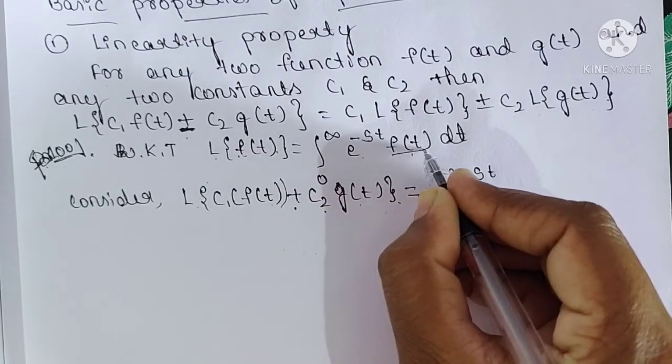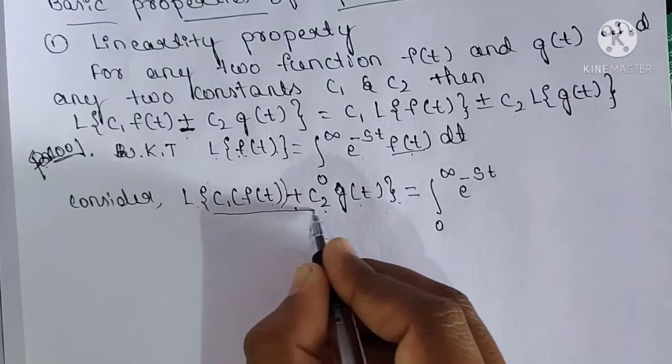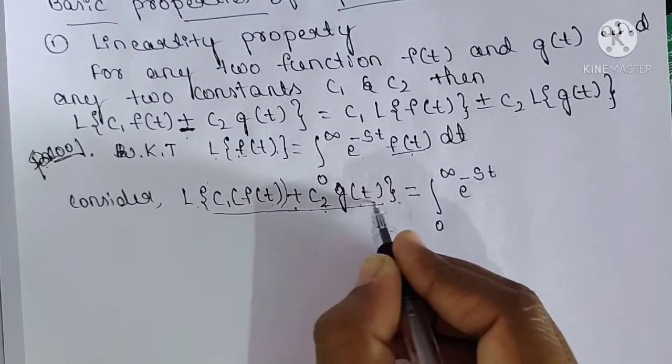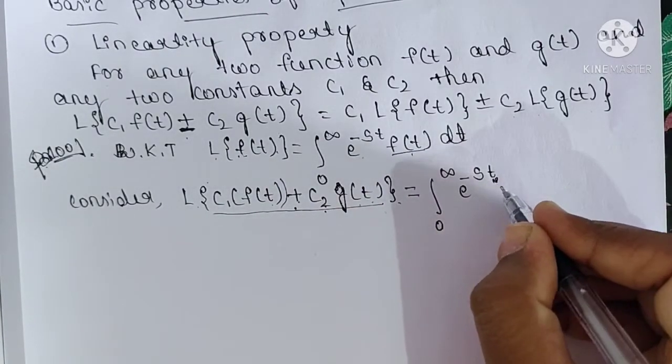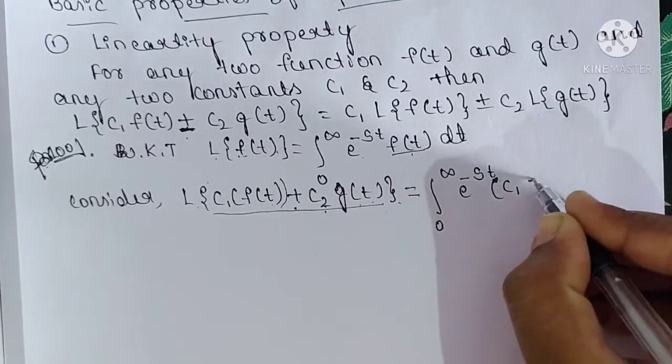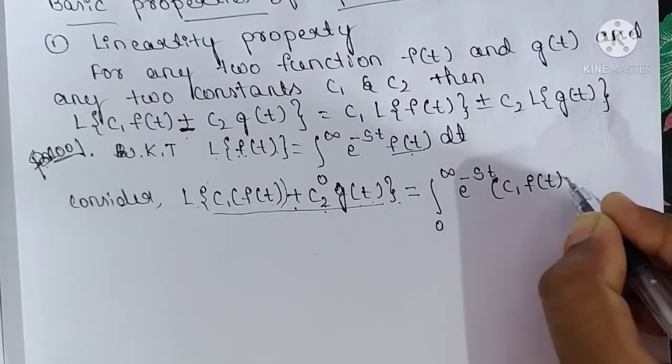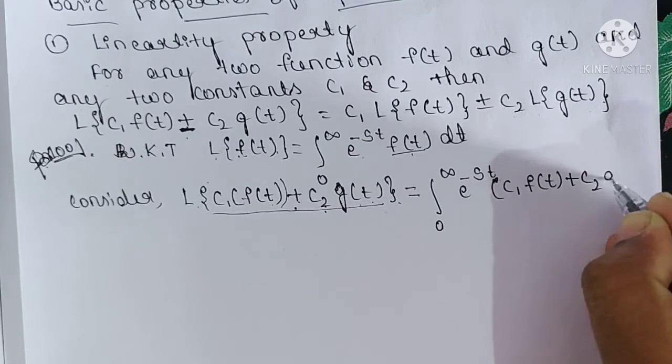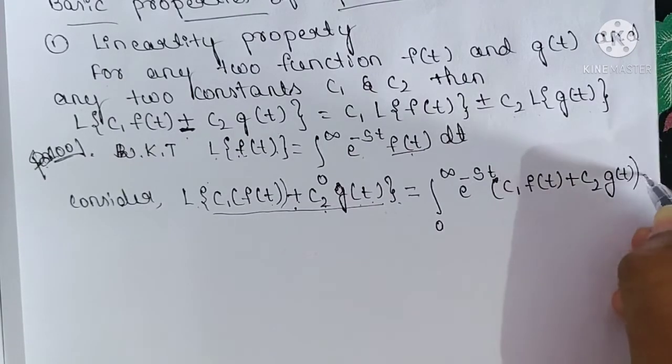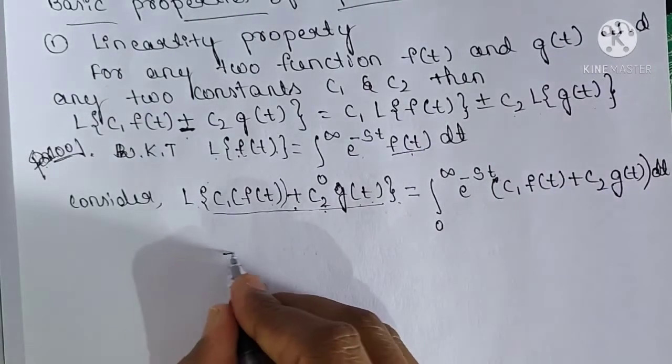In place of f of t, here we have c1 f of t plus c2 g of t, into dt.